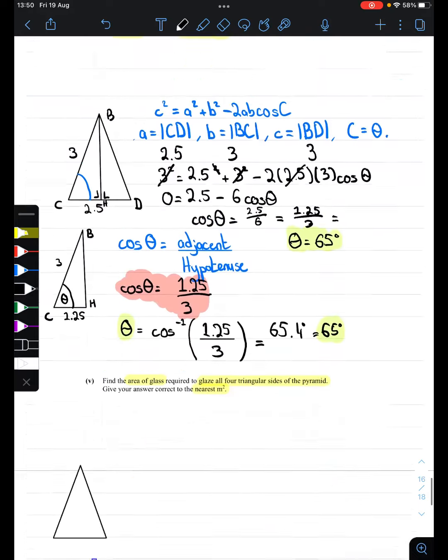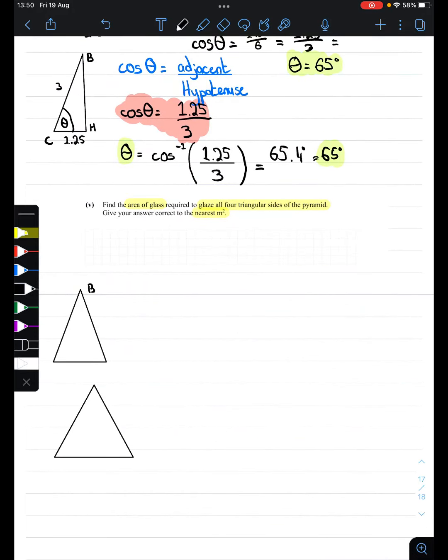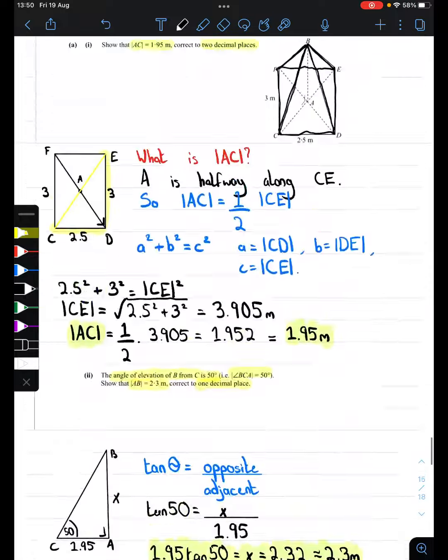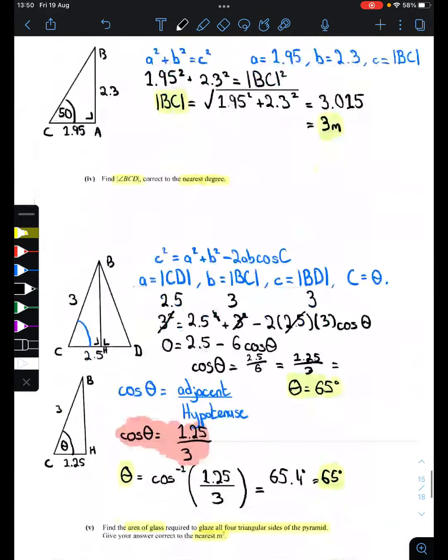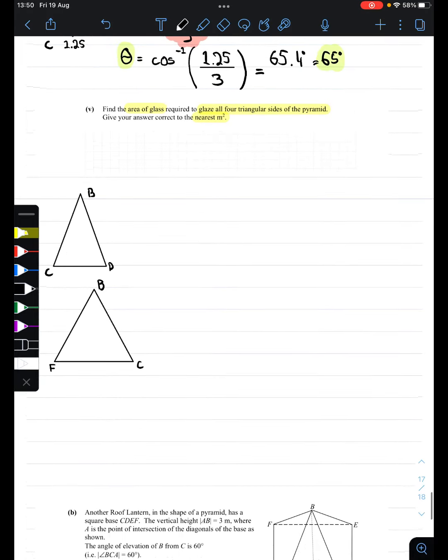So we're looking at triangles BCD and BCF. These are the two triangles we're looking at, and we're trying to find the area of both of these triangles.